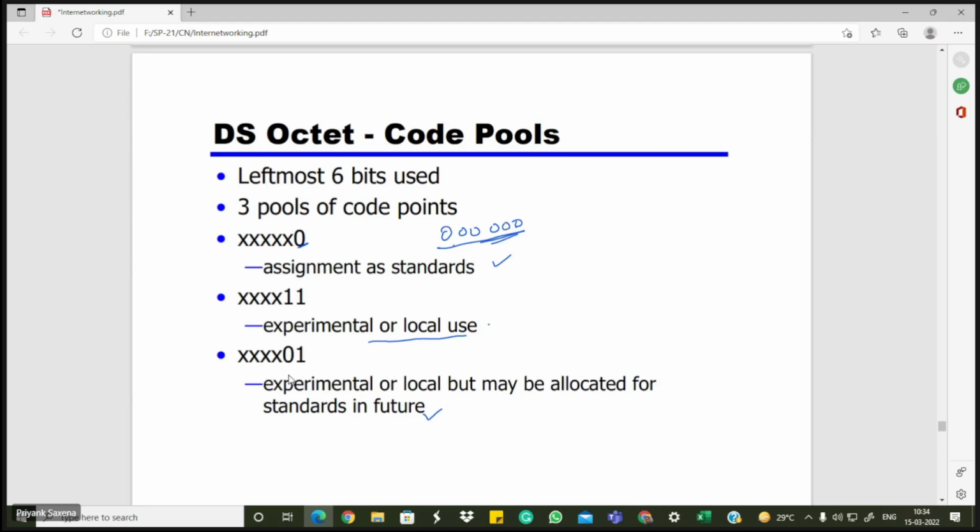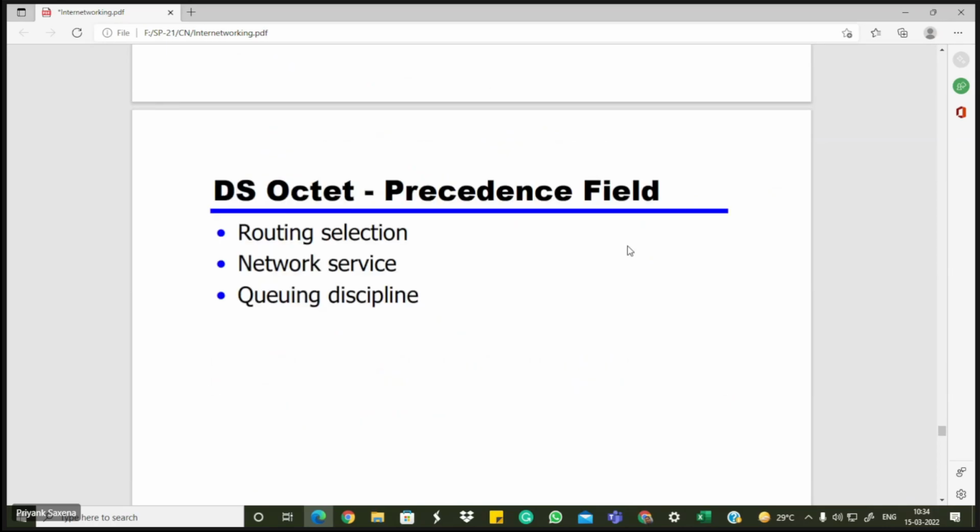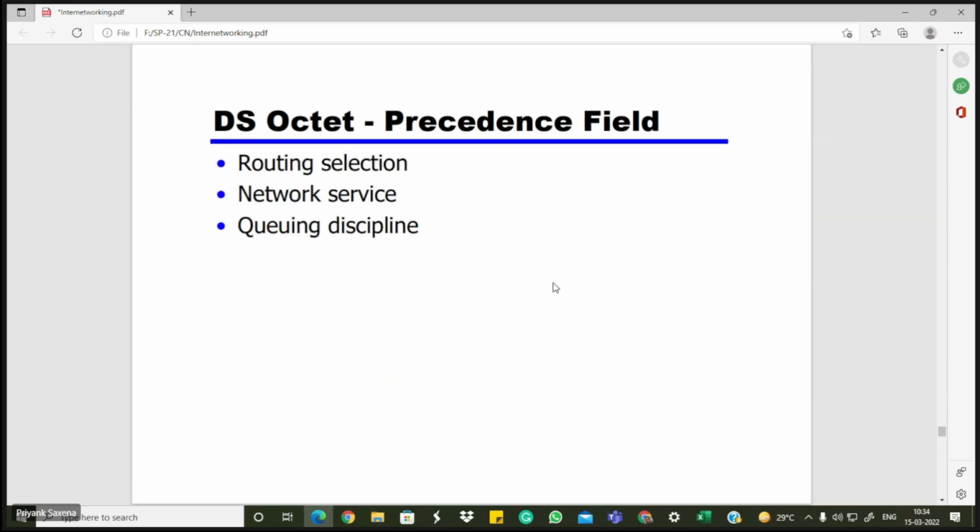And the code points of this format, okay, these are reserved to provide backward compatibility with the IPv4 precedence service. Okay, and the precedence field is set to indicate the degree of urgency or priority.